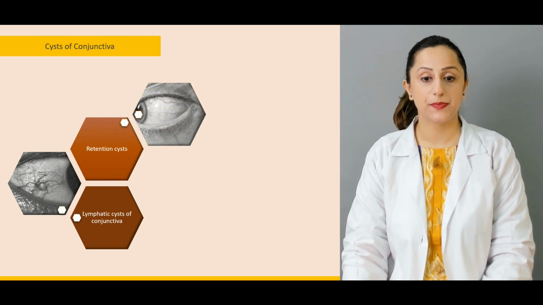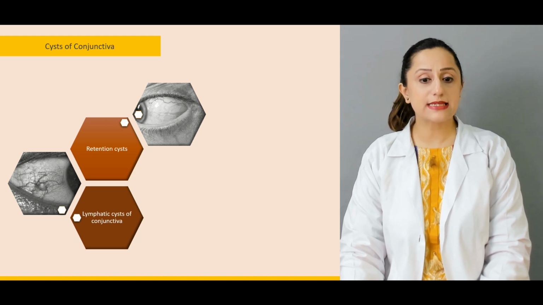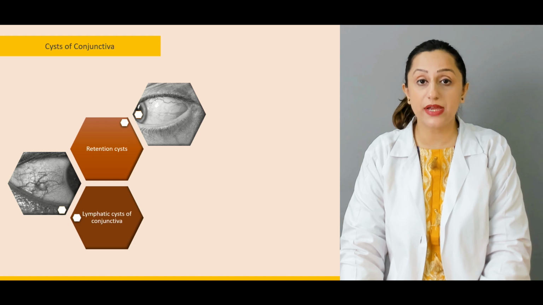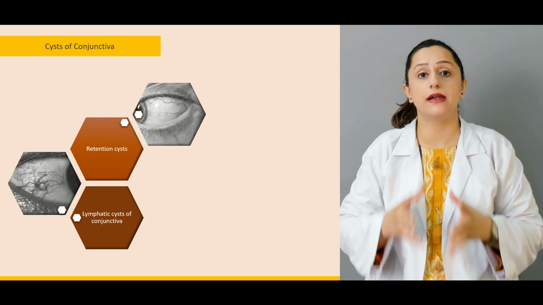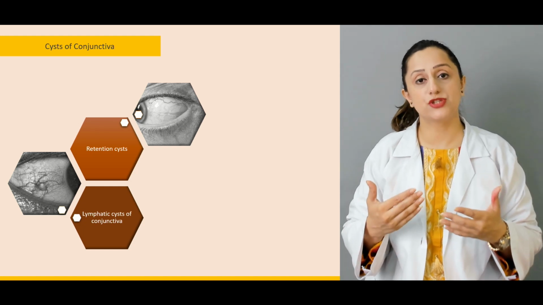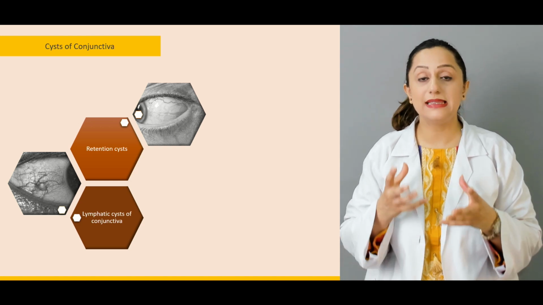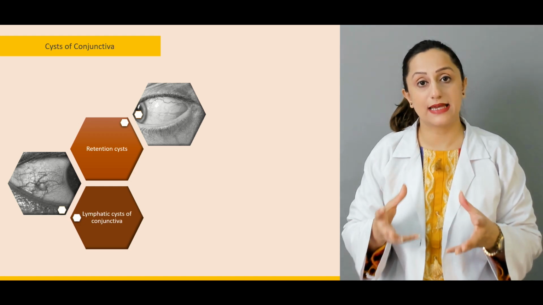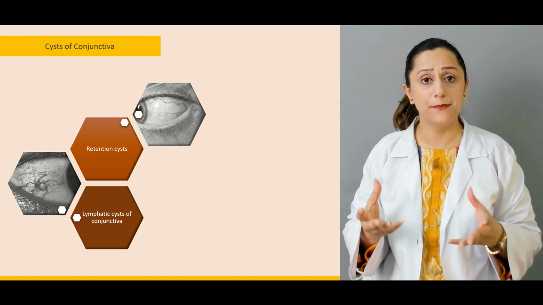On the other hand, we have the retention cysts. Whenever we categorize a conjunctival cyst as a retention cyst, basically we are referring to the glands of Krause. The glands of Krause lie near the bulbar conjunctiva, and any retention of material in these glands, any blockage of the openings of these glands, can result in a retention cyst in the conjunctival membrane.